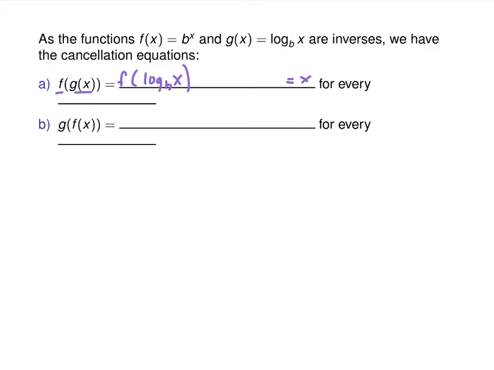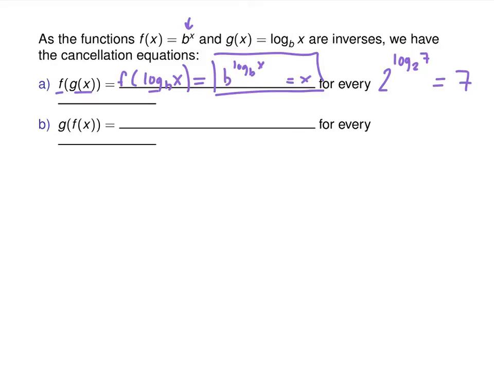And so f of log base b means you put that log base b into that function, which puts the log into the exponent, right? So b to the log base b of x equals x, as long as those bases match. If I had 2 to the log base 2 of, say, 7, what's that going to equal? 7.